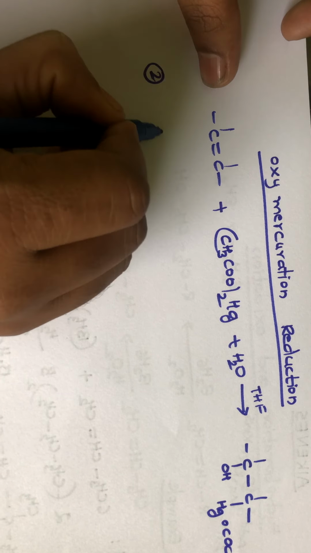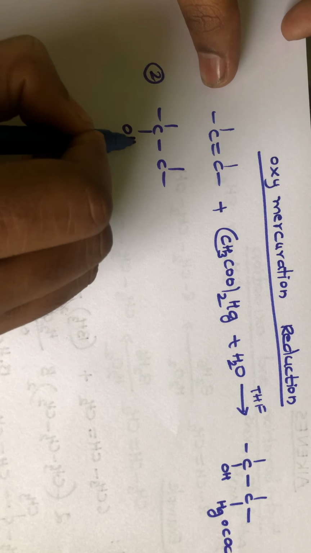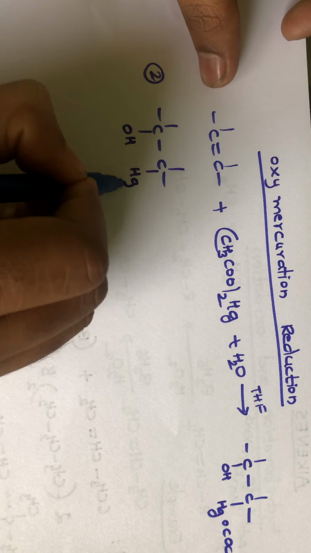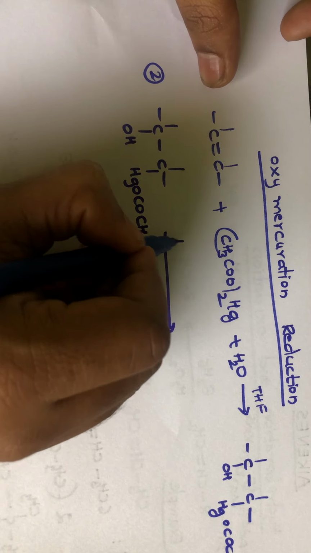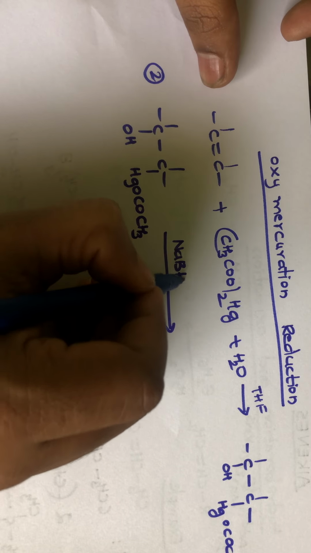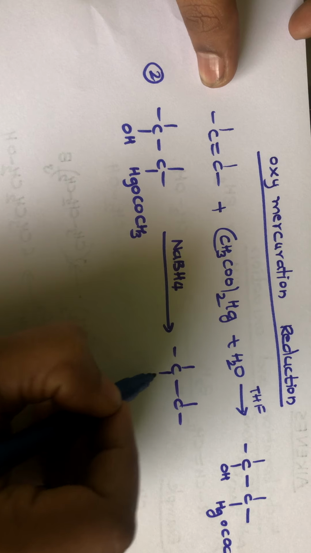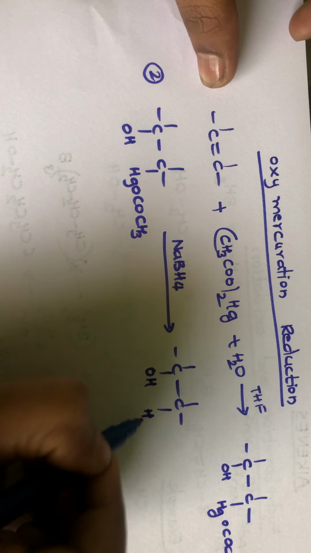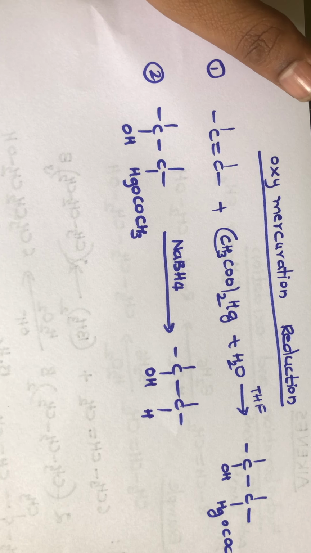In the second step, this side product that is obtained, you get alcohol. When it is treated with sodium borohydride, they undergo demercuration.